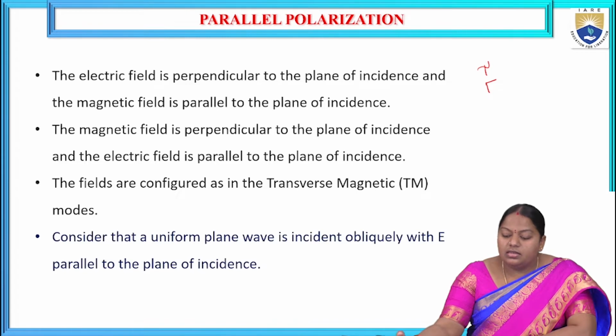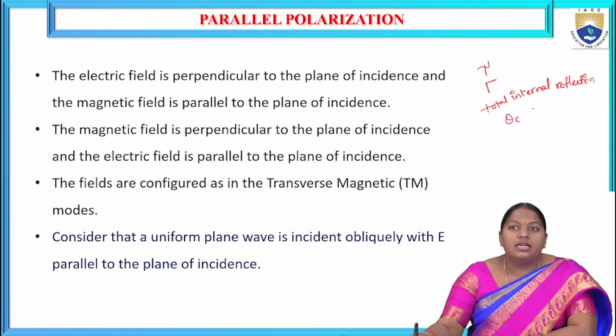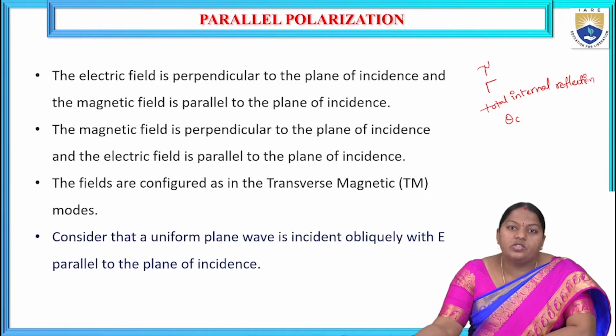Then we learned one of the concepts called total internal reflection, and based upon this, we also learnt about theta c. Theta is the notation for angle and c stands for critical angle. The critical angle is the angle at which total internal reflection takes place.